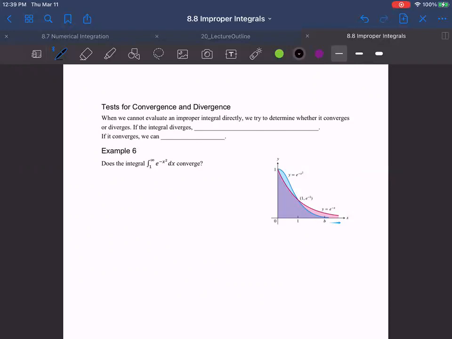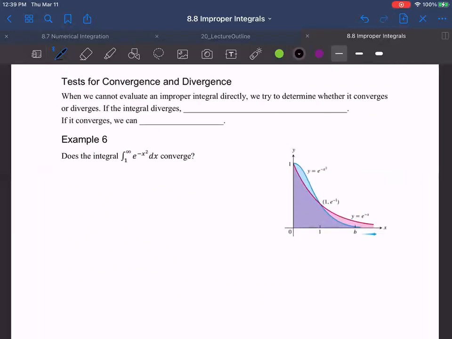So first thing, does the integral, oops, I probably could write this in.